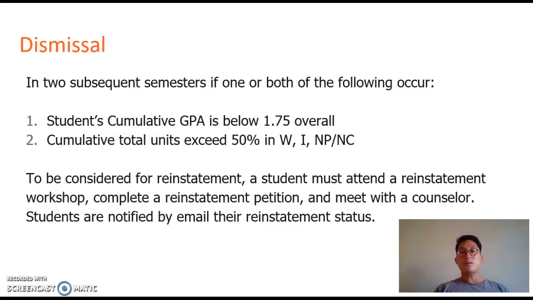Dismissal is when, in 2 semesters in a row, a student's GPA is below 1.75 and the number of units that a student has attempted with a W, an incomplete, no pass, or non-credit is over 50%. So again, if a student has more than 50% W's, incompletes, no pass, or non-credit, then they're under dismissal.